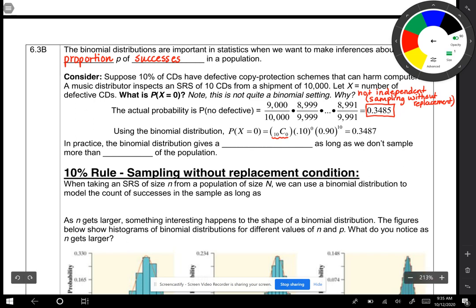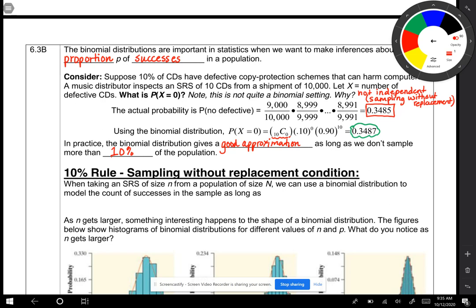So take a look at this and take a look at the 0.3485. They're pretty close. So in practice, the binomial distribution gives a good approximation as long as we don't sample more than, and this is the key thing here, 10% of the population.